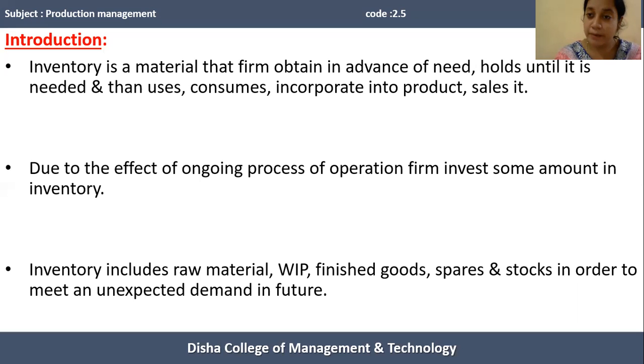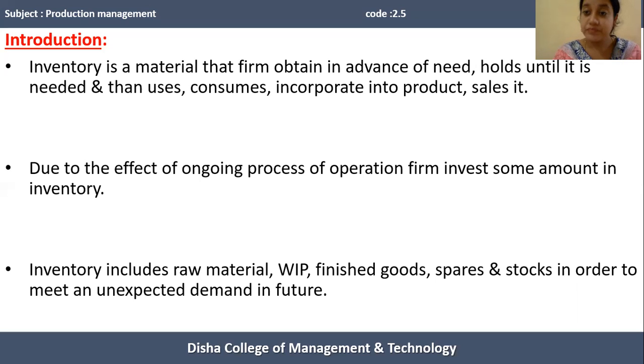So there are two types of material, that is direct material and indirect material. Both materials are necessary for manufacturing a particular product. Both these materials come under the purview of inventory. Means direct material as well as indirect material comes under the area of inventory. Inventory, we can say, is the material which is necessary for manufacturing a particular product, whether the materials are direct or indirect, whether they directly contribute to manufacturing a particular product or support the manufacturing process.